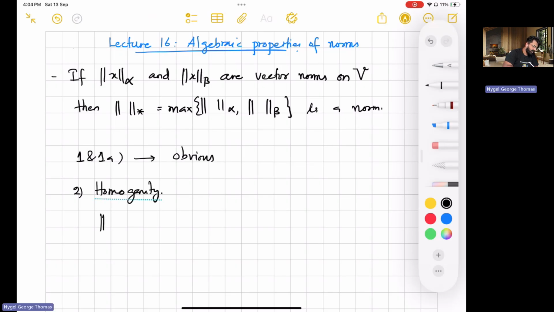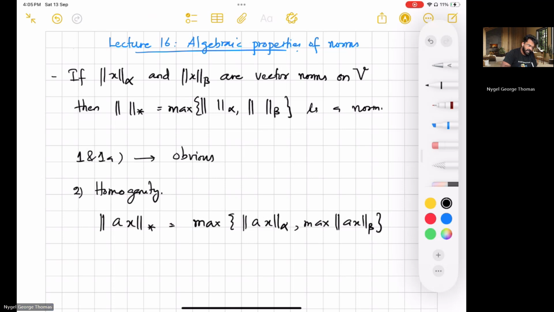Right? So we have the norm of a times x, which is the max of the alpha norm of a times x, comma, the beta norm of a times x. Let me call this a times x so it's not confused with the alpha. So there's no max here.